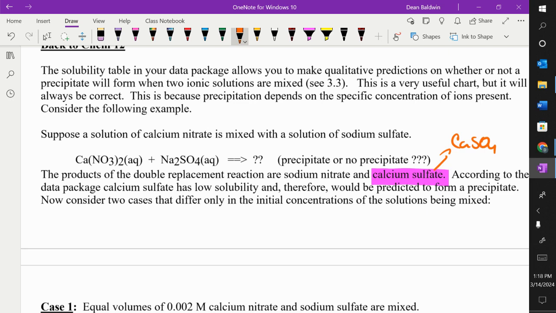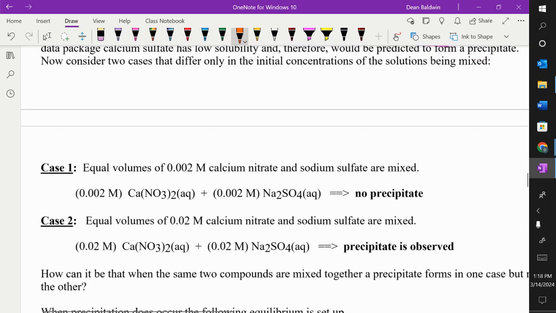Okay? All right. Now, you've been told up to this point that if you mix those together, you're going to get a precipitate. That's not always the case. If you mix 0.002 molar calcium nitrate with 0.002 molar sodium sulfate, you do not get a precipitate.